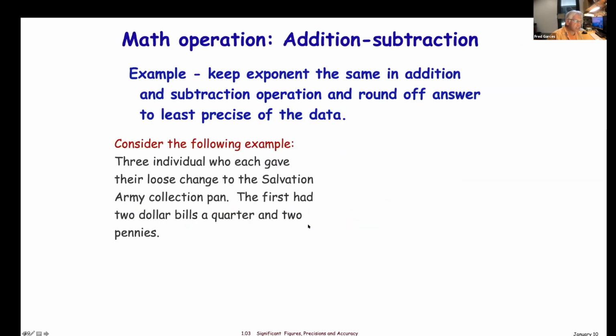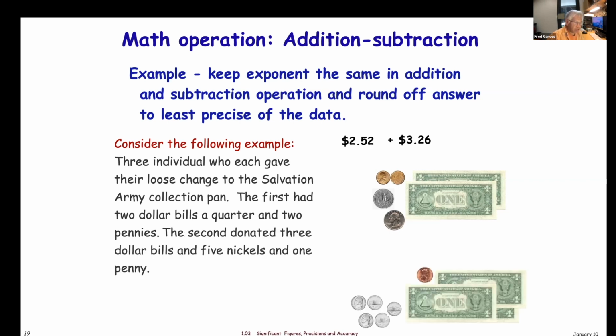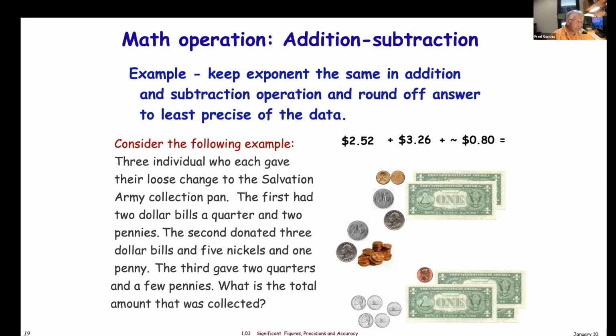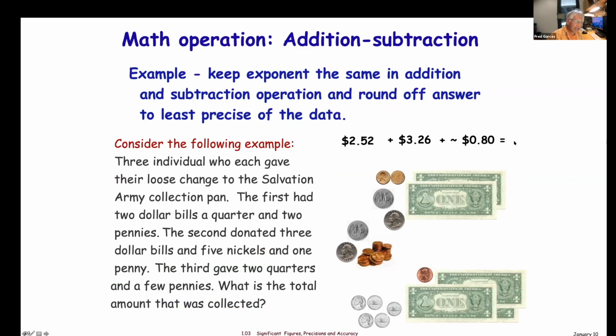When you do addition and subtraction, it's like this. Suppose someone gives you $2.52 in cash, and another gives you $3.26. And then the third person gives you 50 plus a bunch of pennies, but you're estimating these pennies and it's not really precise. So when you report the true value, the error is inherent in these pennies that you didn't count directly.